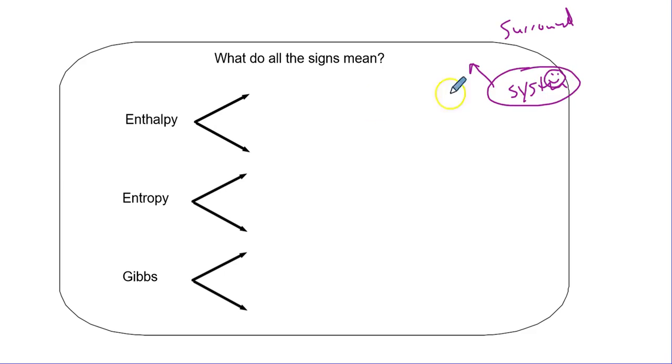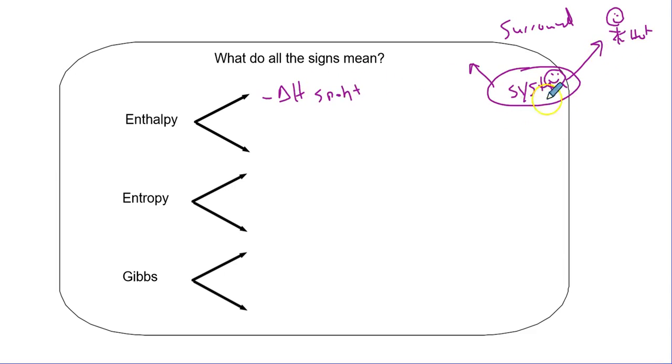The reaction thinks of itself as a system. You might be out here, but the chemistry thinks of it in terms of the system. So the beaker is the system. You are on the outside. So enthalpy, negative delta H. That's because the system is losing energy to you, so you get hot. So this is negative, but that's a spontaneous process. Remember, anytime we have energy exit the system, that's spontaneous.